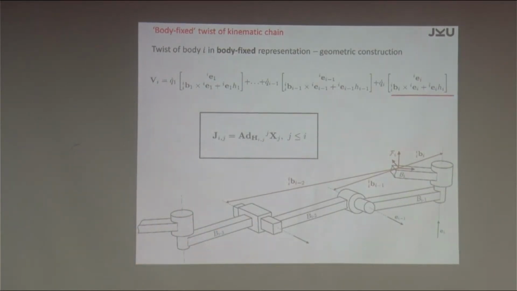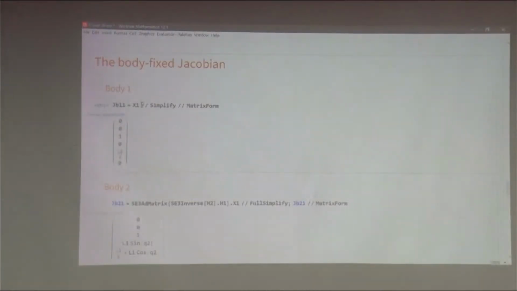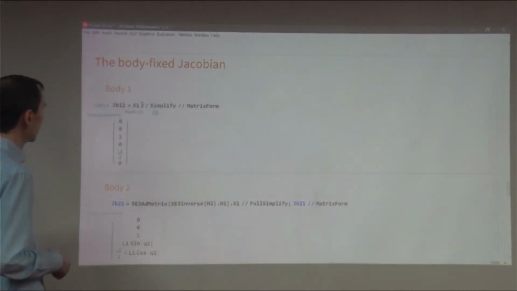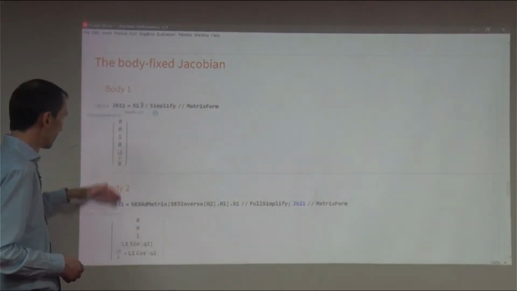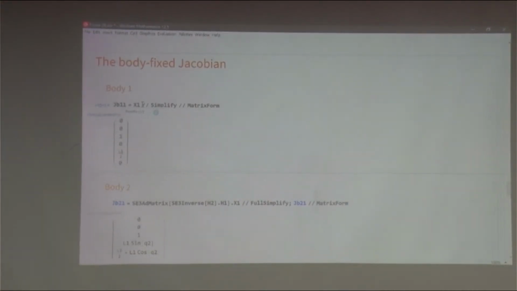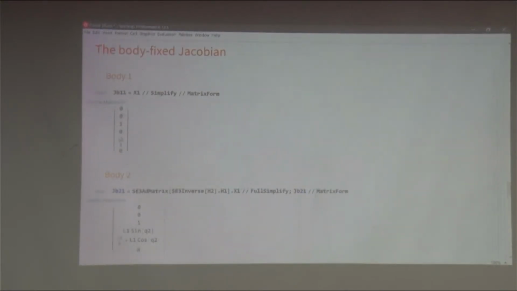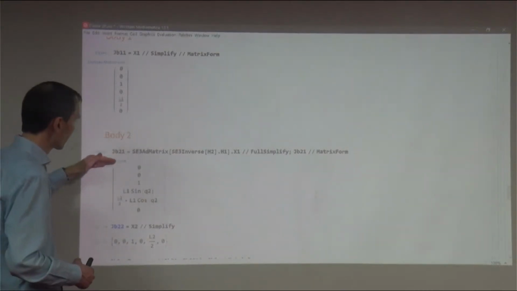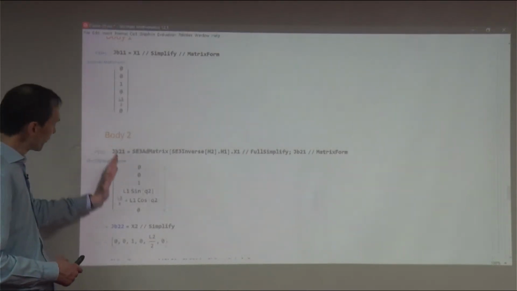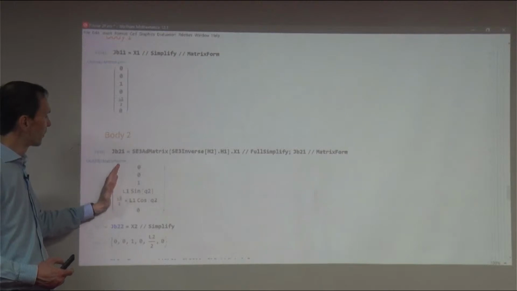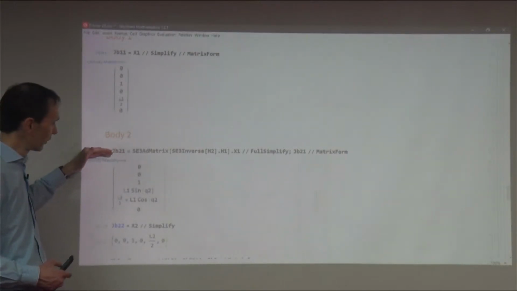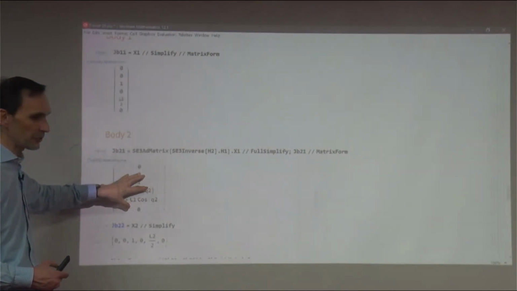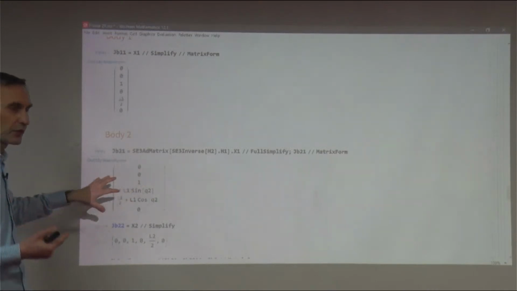So the first column of the Jacobian is exactly X1. Body 2, how does it go? This one. The second body, the first column. So the first column of the Jacobian of the second body tells you the contribution of the first joint to the velocity of the second body.